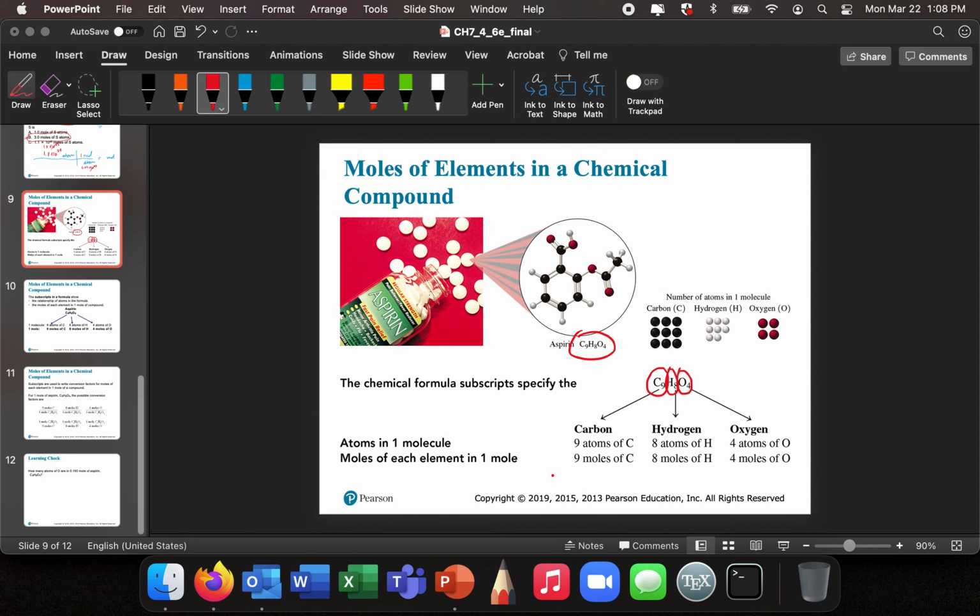But for every mole of molecules, it has 9 moles of carbon, 8 moles of hydrogen, and 4 moles of oxygen. So basically it's 1 to 1. That's all we're doing here. We're just going to make one more conversion in it.